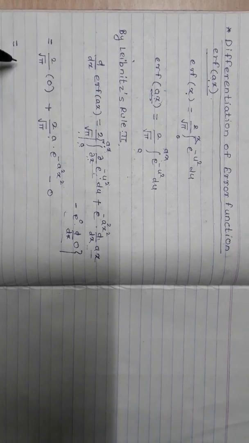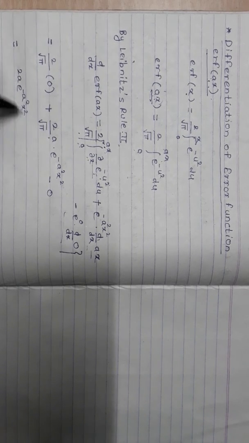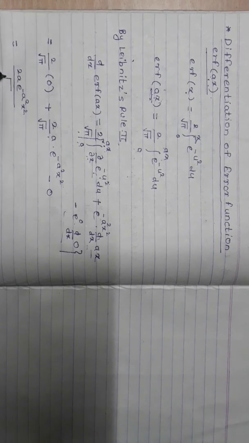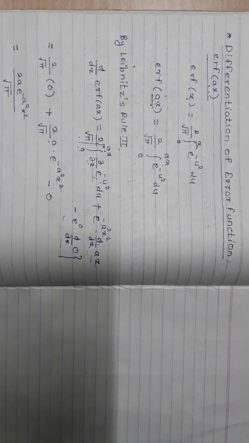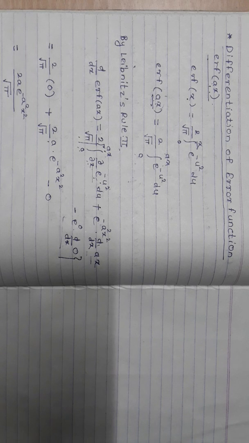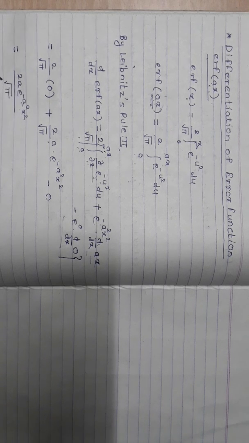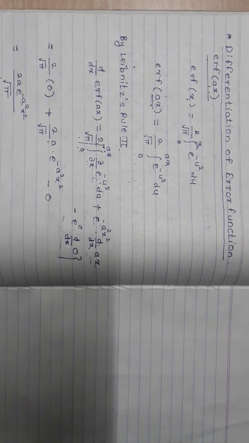So simply what we got here is 2a e raised to minus a square x square divided by root pi. So the derivative of the error function of ax is given by 2a e raised to minus a square x square divided by root pi. And that's it. I am simply applying Leibniz rule here.